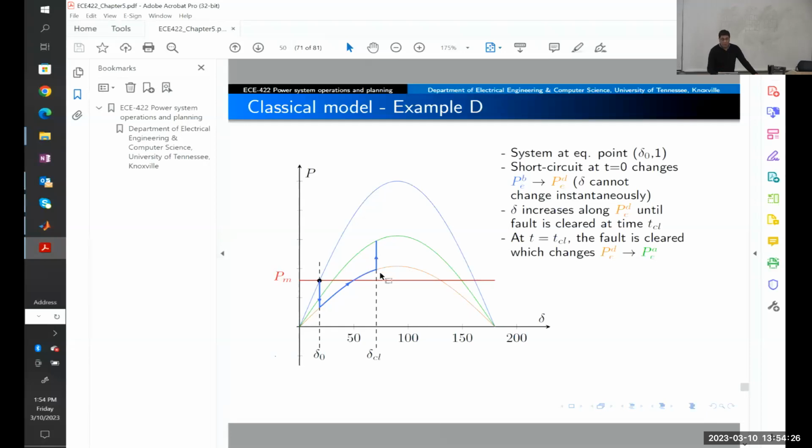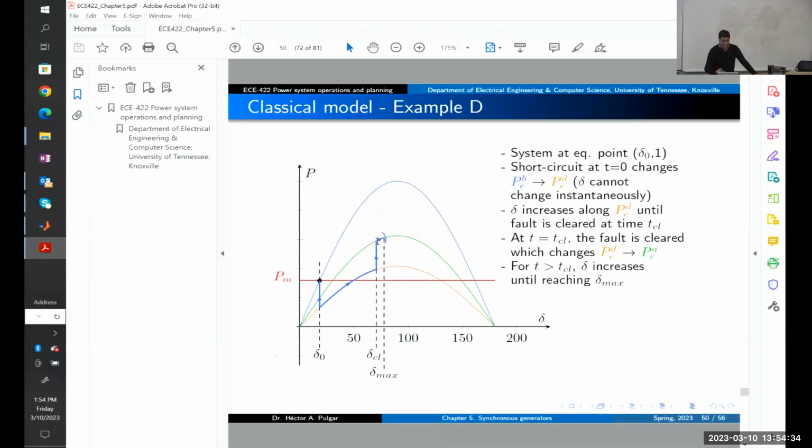The accelerating power now is negative, and that will at some point stop the increase in the angle and the speed. And we assume that that's the maximum angle we have. And then from this point on, as the accelerating power is still negative, the angle will start decreasing.